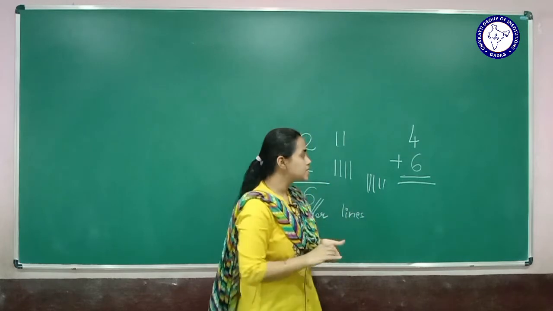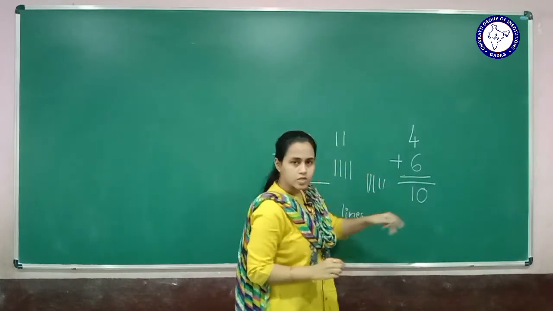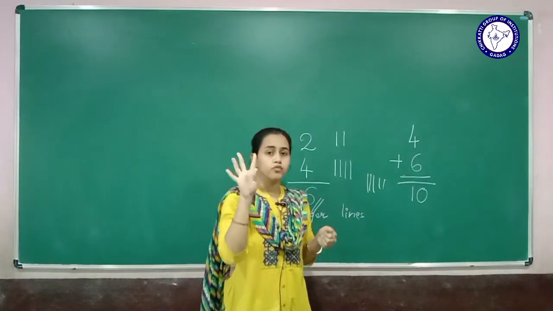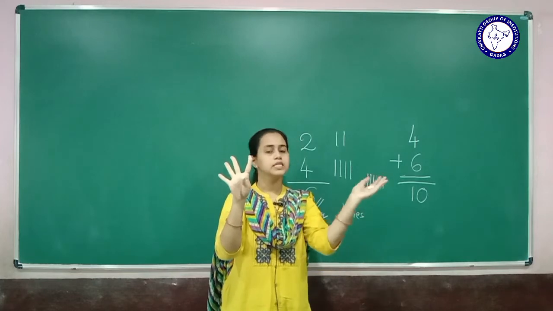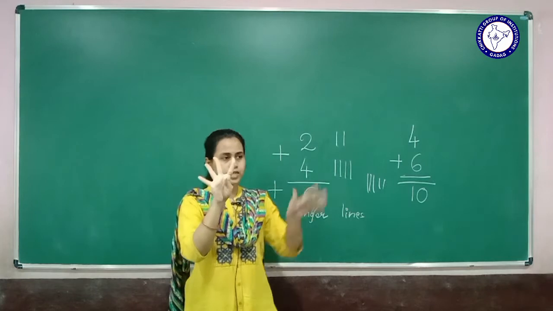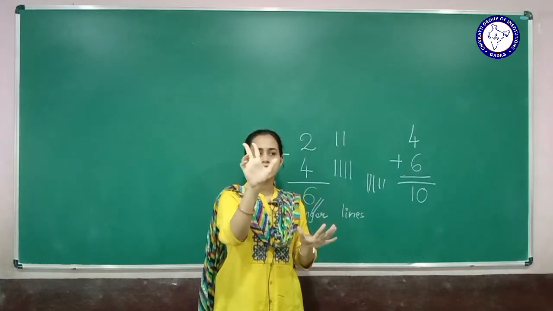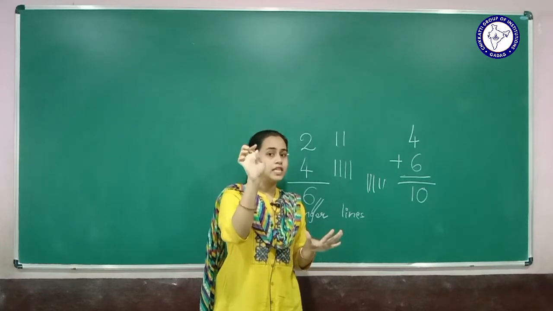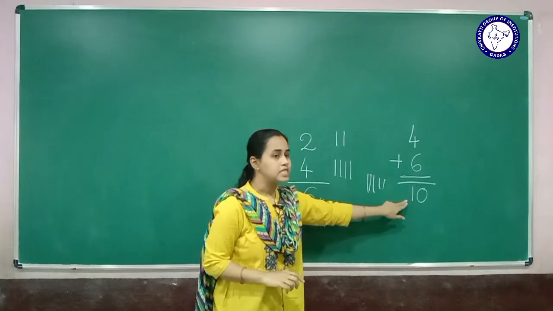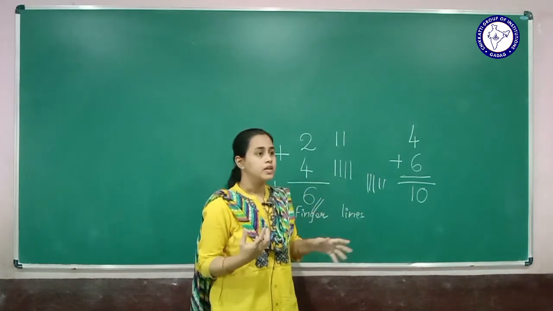So what is the answer? 10. So this is one more method, by keeping in fingers. 4 and 6: I'll keep 4 here and then 6, 4, 5, 6, 7, 8, 9, 10. So we got the answer 10, with the fingers and keeping things in mind.